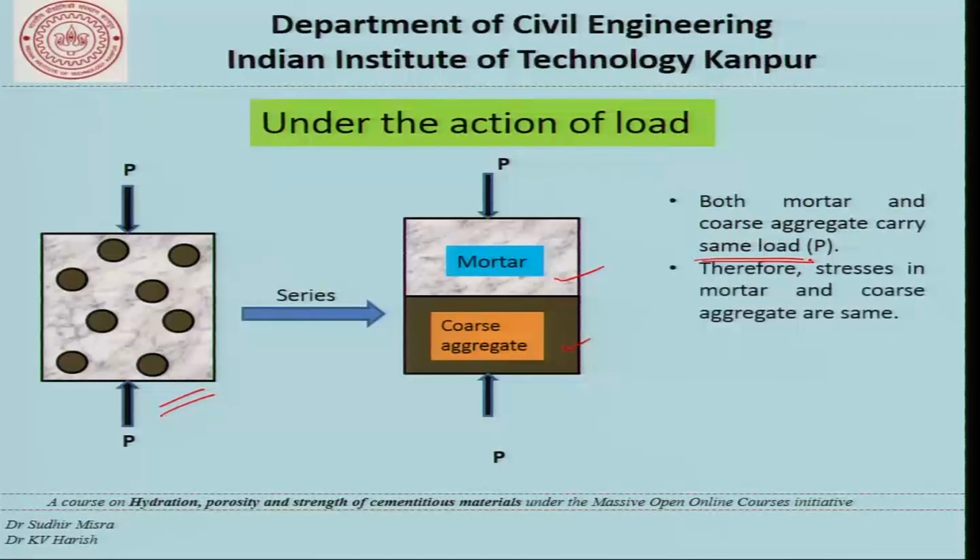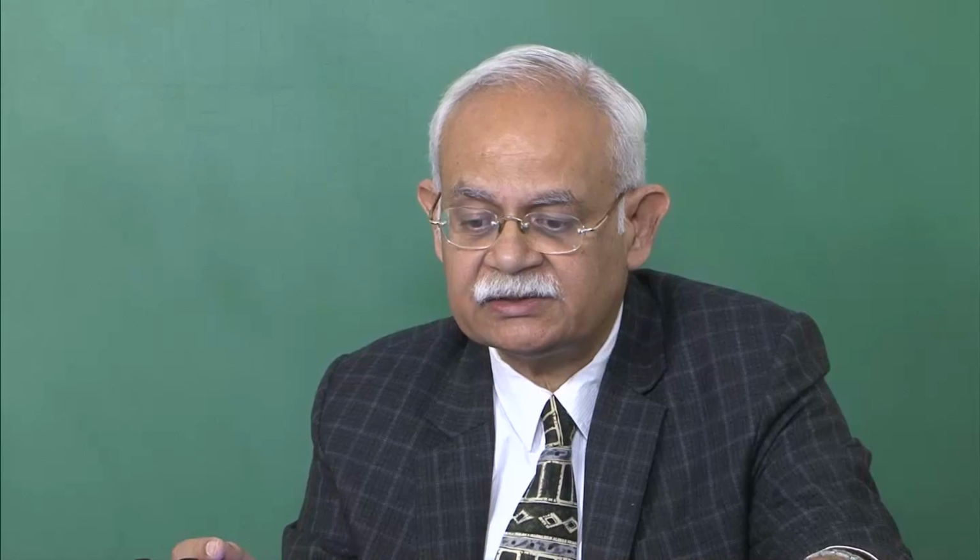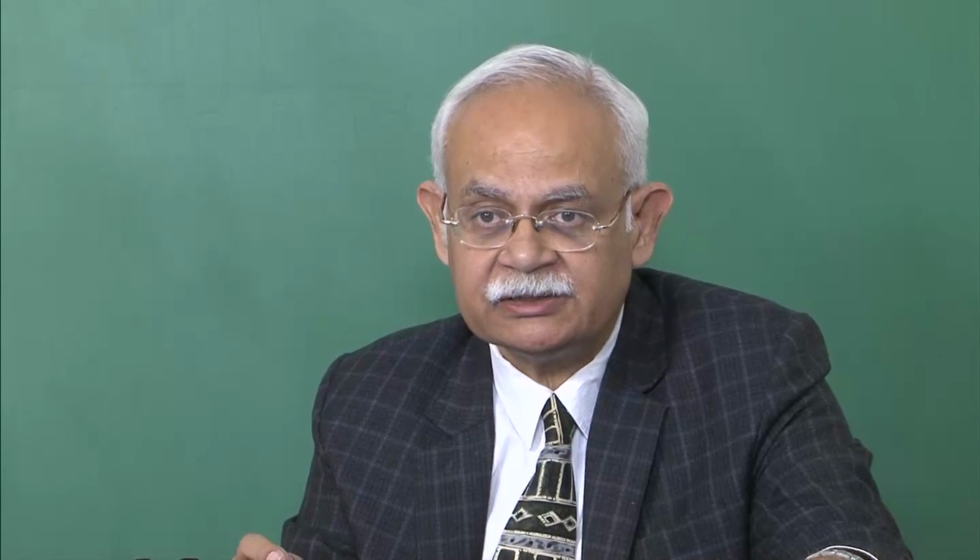Having said that, the stresses in the mortar and the coarse aggregate will be the same. Now, if the stresses are the same and the modulus of elasticity of these two phases is different, the strains in the mortar and coarse aggregates will be different. So this is how the situation will pan out if the mortar phase and the coarse aggregate phase were taken to be in series.